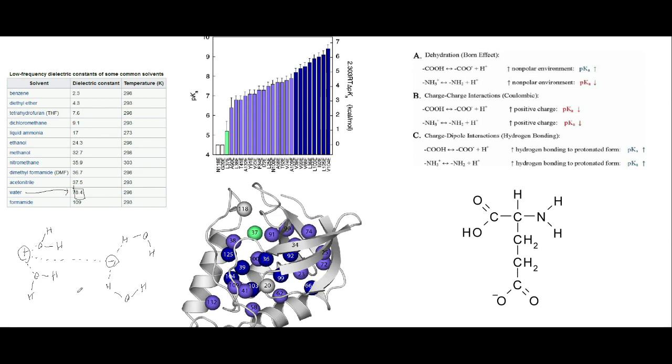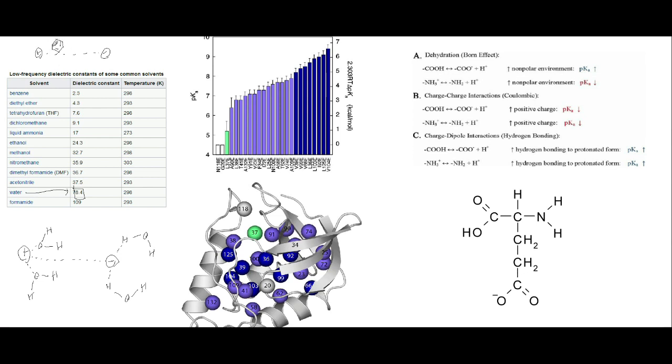However, if we instead, I'll draw it over here, if we have our positive charge and our negative charge, and we're in something that's a nonpolar solvent, then there's nothing stabilizing these charges, and so there's going to be a lot more charge felt between these two, because something like benzene, which is our ring structure like that.